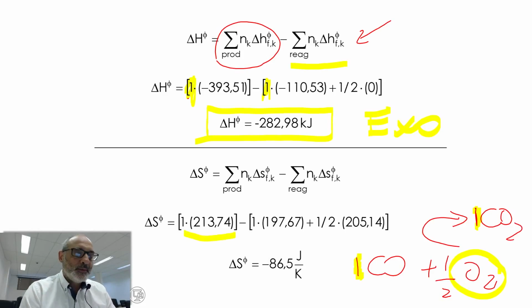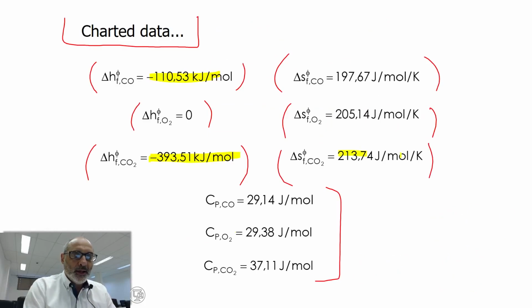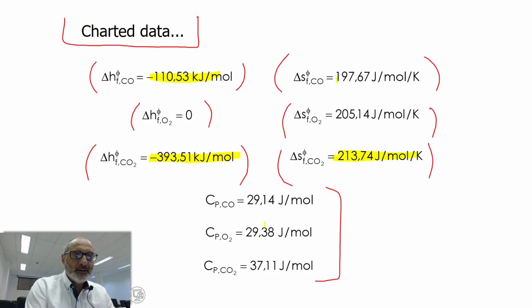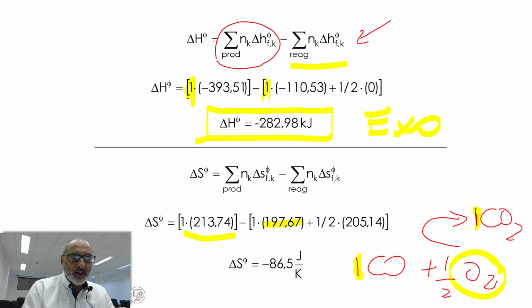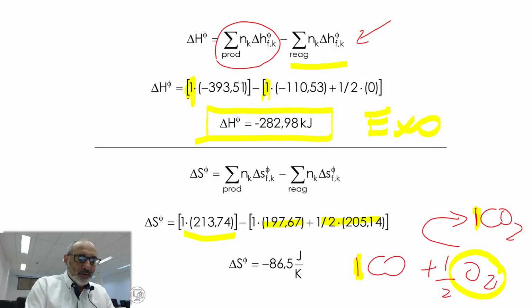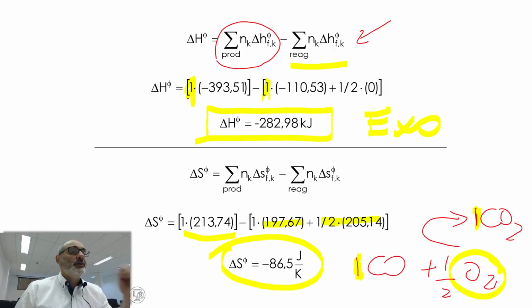So 1 times 213. 213 is the entropy of CO2. 1 times 197. 197 is the formation entropy of CO. And 0.5 times 205. 205 is the formation entropy of O2. So when we do all the calculations, we have this result.